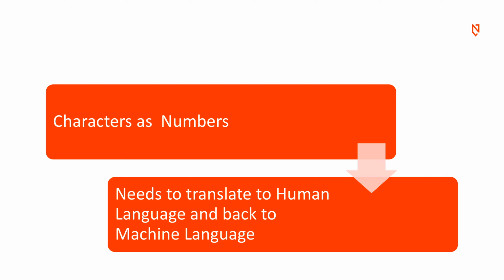They started with 65, or 1000001, as capital A, then capital B started with 1000010, and so forth. For lowercase, they moved 32 up, meaning it became 97, or 1100001.